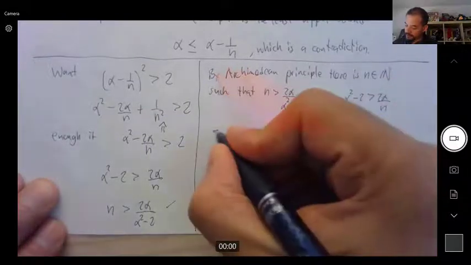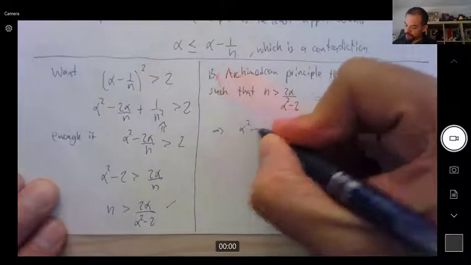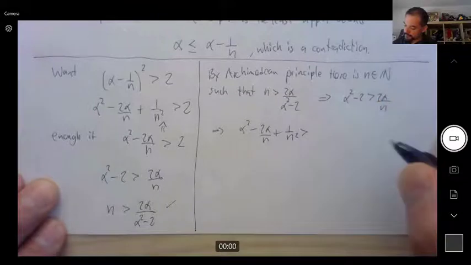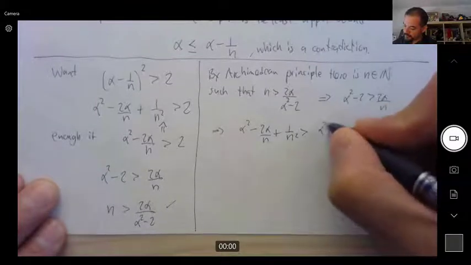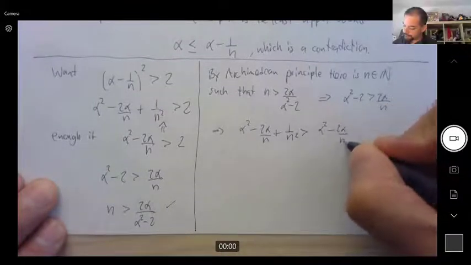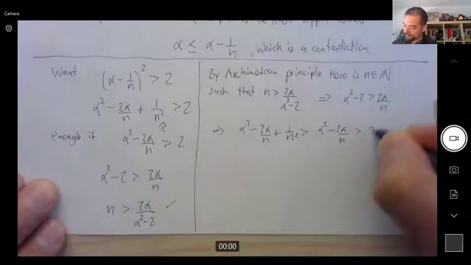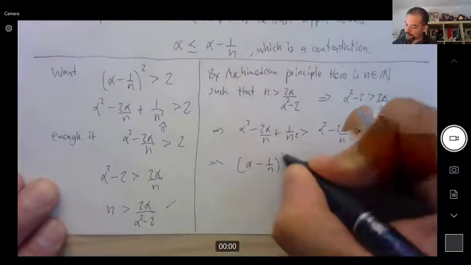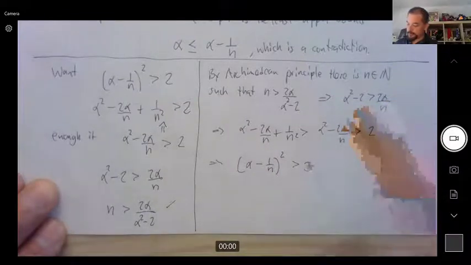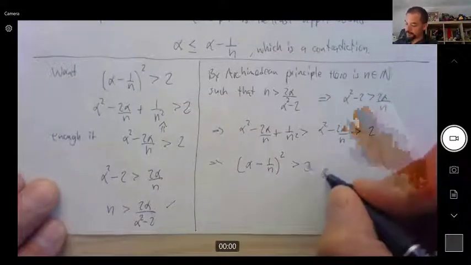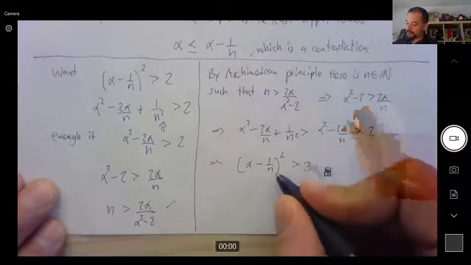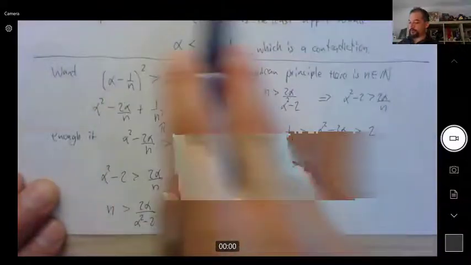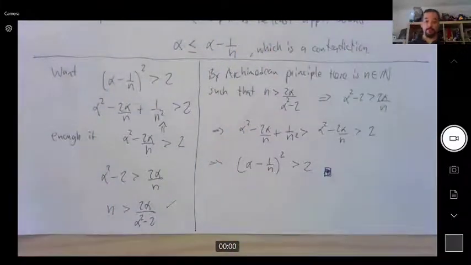And then that one in turn would imply that the one we want, alpha squared minus 2 alpha over n, is bigger than 2. And this means that alpha minus 1 over n, quantity squared, is greater than 2. And that's it, right? We just found the n that makes this inequality work. And then you can do the rest of the argument to show that it contradicts the supremum property.